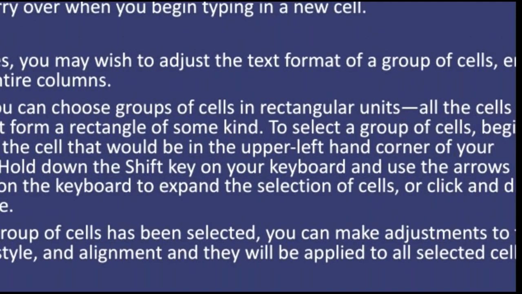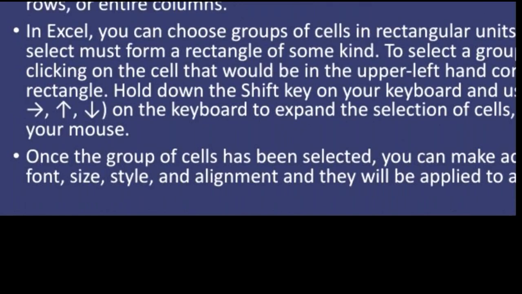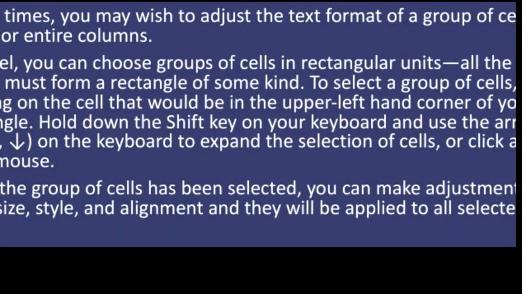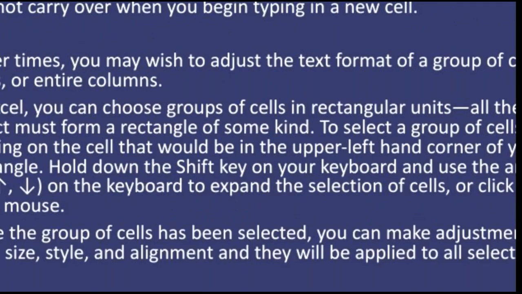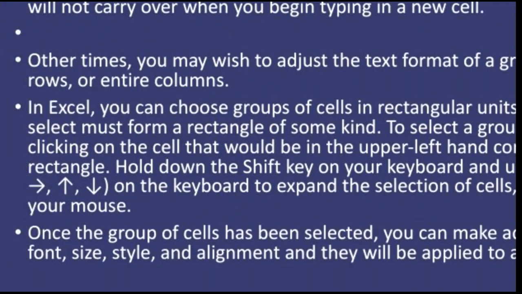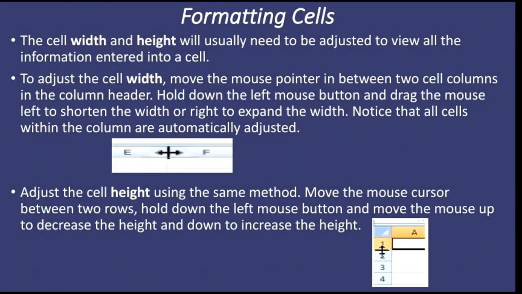All the cells you select must form a rectangle of some kind for it to work effectively. Once the group of cells has been selected, you can make adjustments to the font size, alignments, whatever format you want to do.